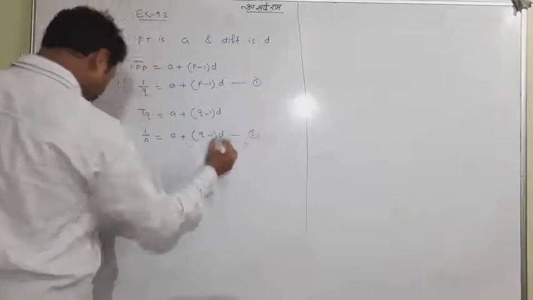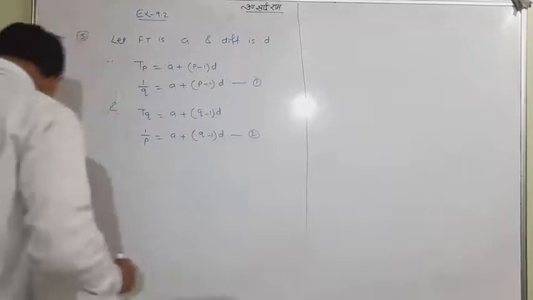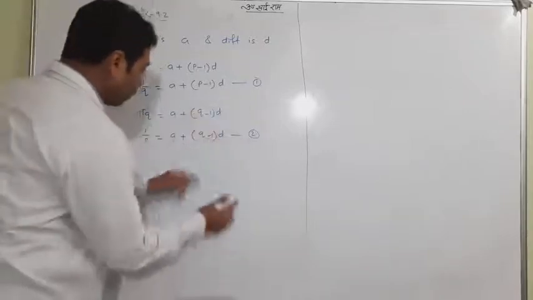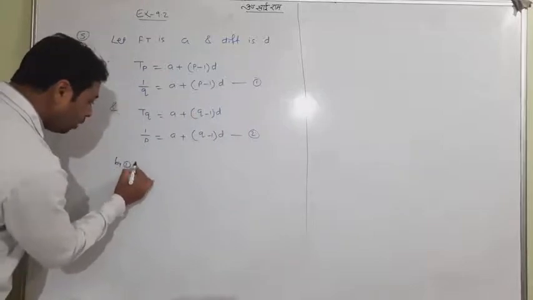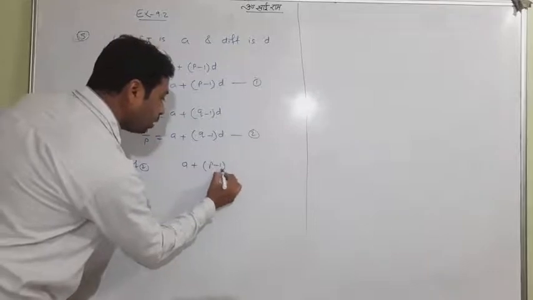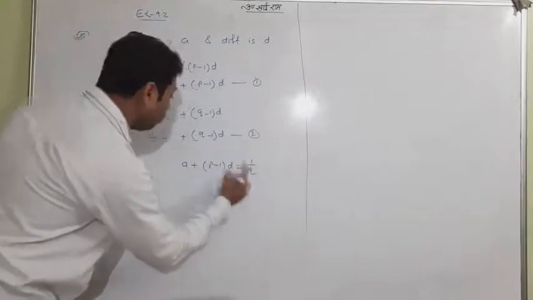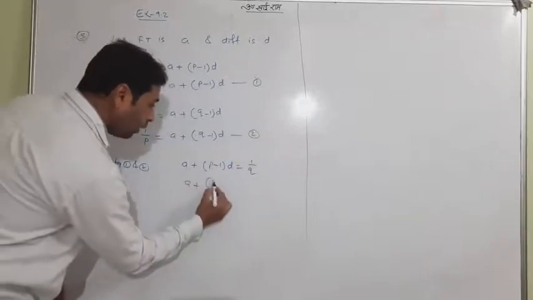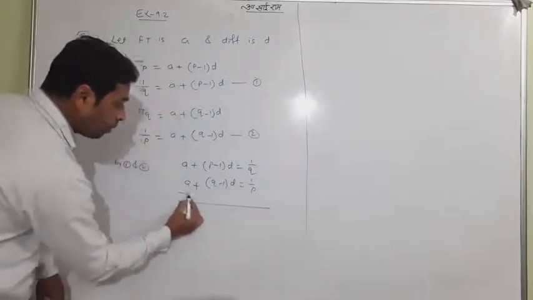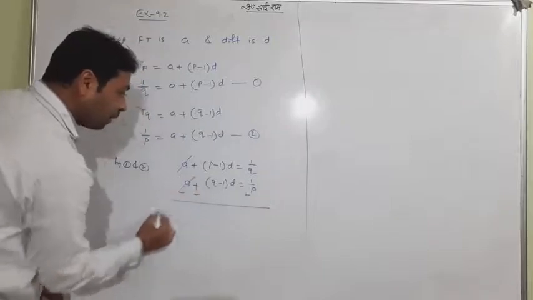What will you do now? You will take equations 1 and 2 together. Definitely by 1 and 2 we will find a and d. a plus (p minus 1) d is equal to 1 by q, and a plus (q minus 1) d is equal to 1 by p. I subtract them, and a will cancel.